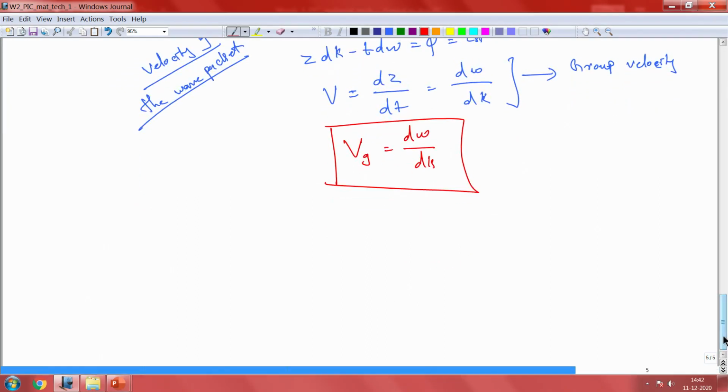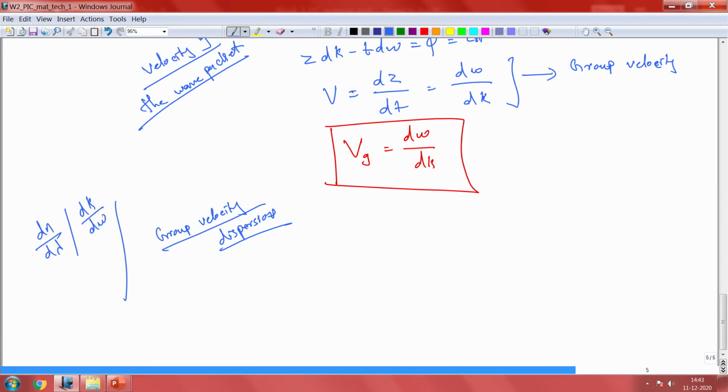As I mentioned, we also have dispersion associated with this. We call that group velocity dispersion. Similar to what we saw, dn over d lambda is our dispersion. In other words, it is dk over d omega. We knew that the refractive index is a function of lambda.